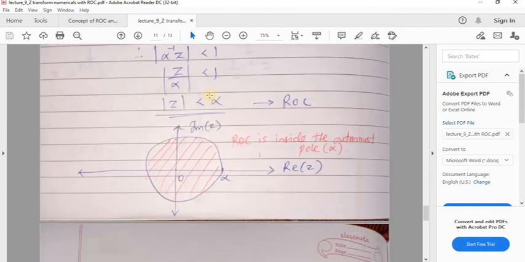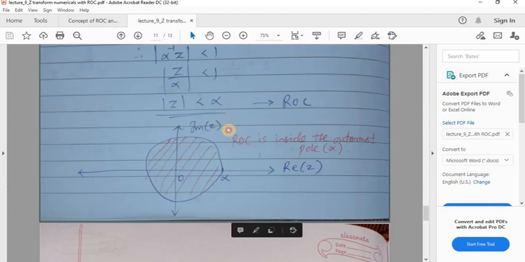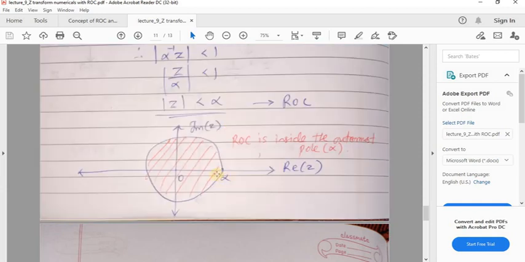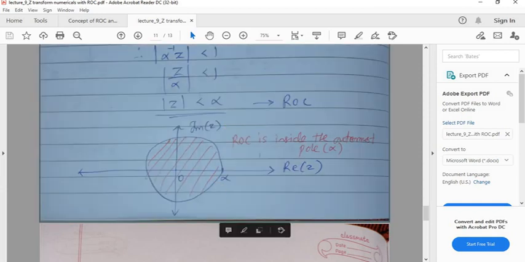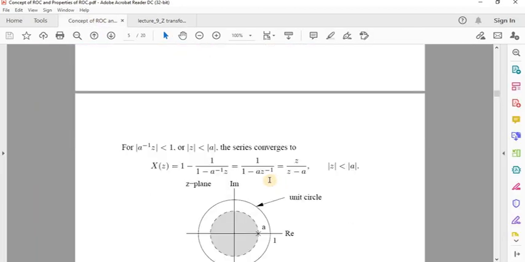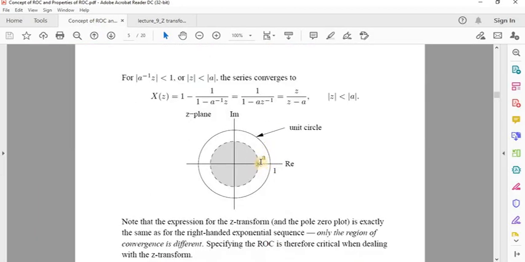In the previous problem we have seen alpha is the pole. I will show you this in this example. Alpha is drawn over here, and as |z| is less than alpha, the region of convergence is inside the pole.